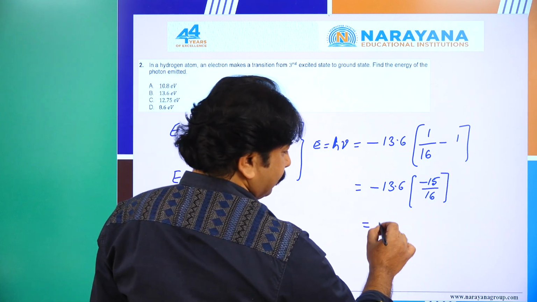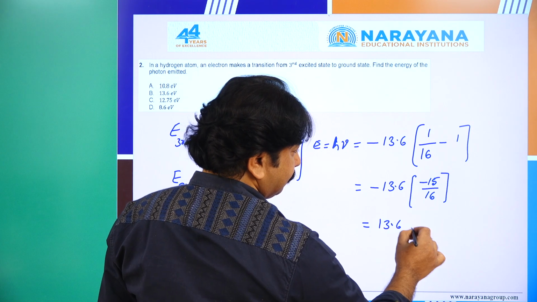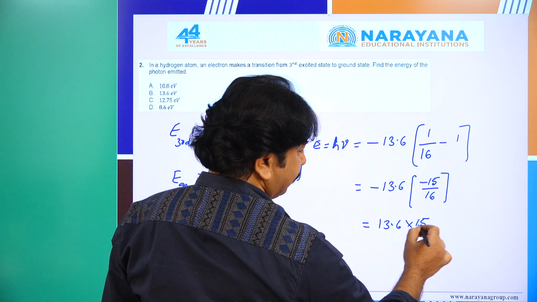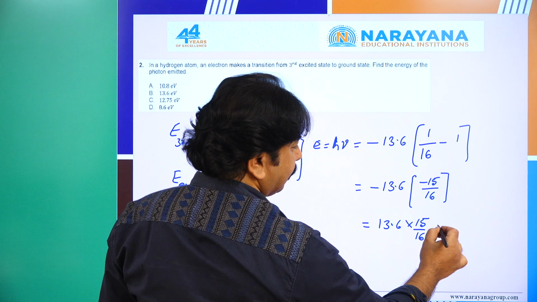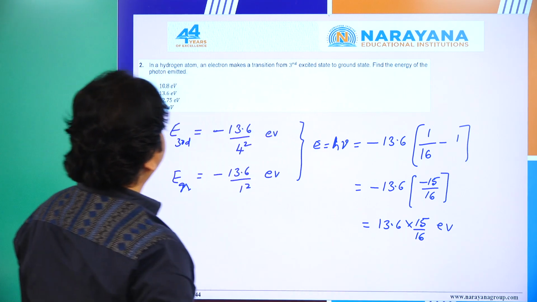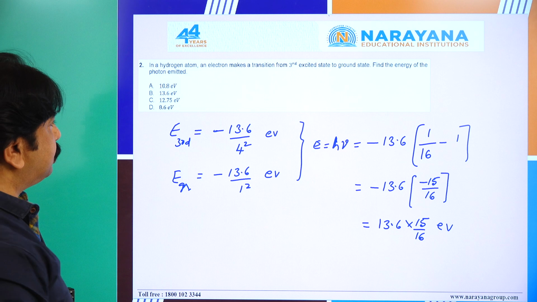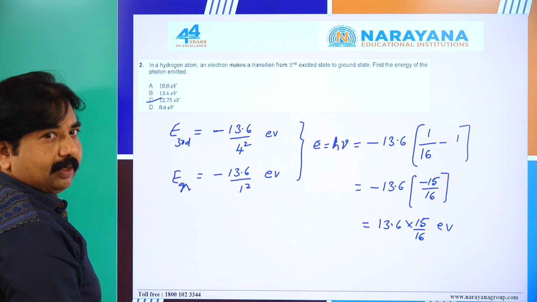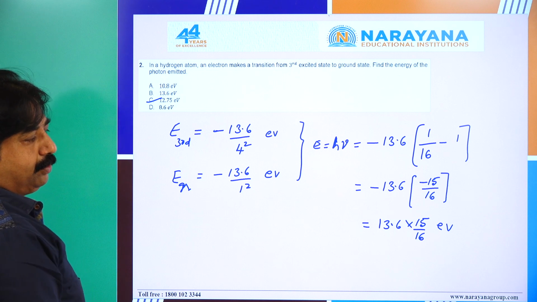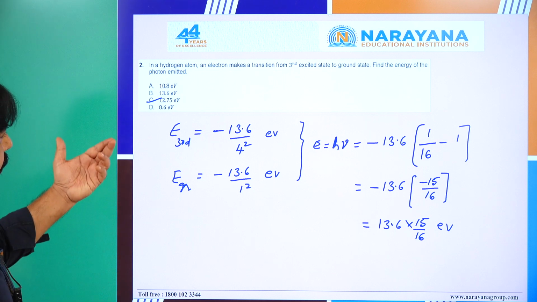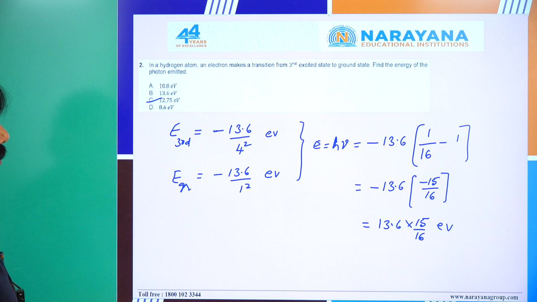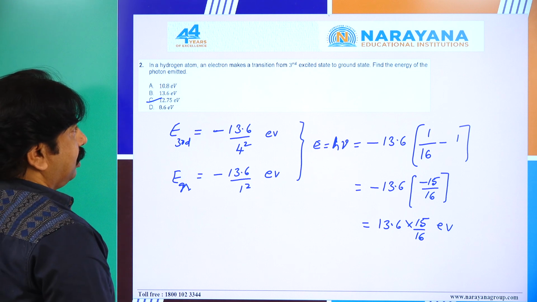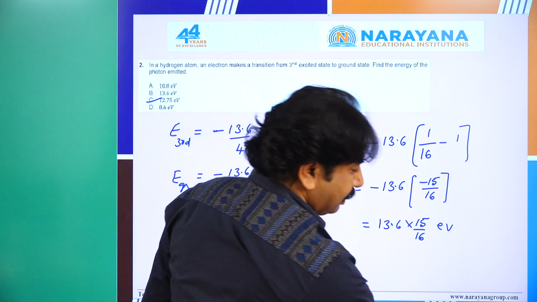So the total is 13.6 into 15 by 16 electron volts. So it is very close to 12.75. By means of the answers also, we can calculate that point. Now we are going to the next question.